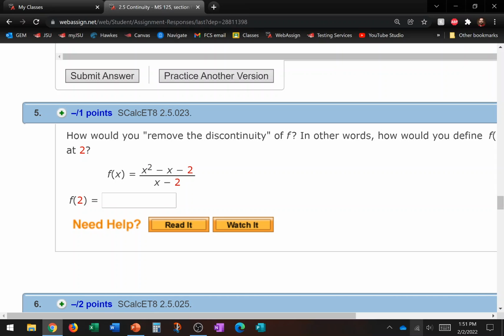So if you go back to our 3 properties we have to have for continuity, it's failing that it's undefined at x equals 2, and it's also failing the last one, that our limit at 2 does not equal the functional value at 2. So if we can figure out a function value to give this thing so it matches the limit, then we'll be in good shape.